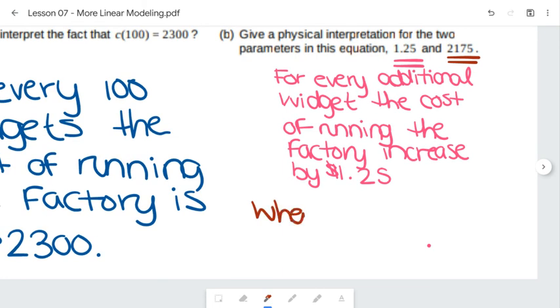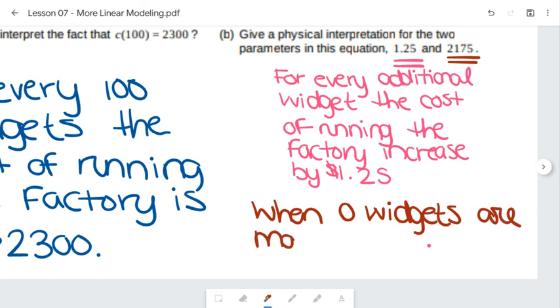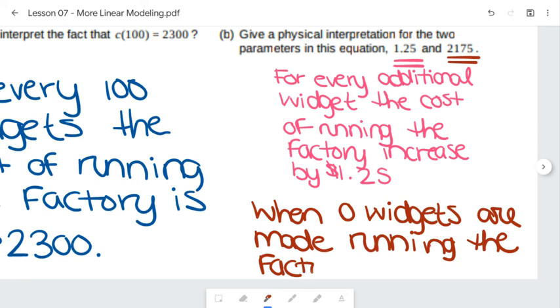So when 0 widgets are made, running the factory costs $2,175. Okay, so we're just thinking about what the slope and the y-intercept mean in terms of context.